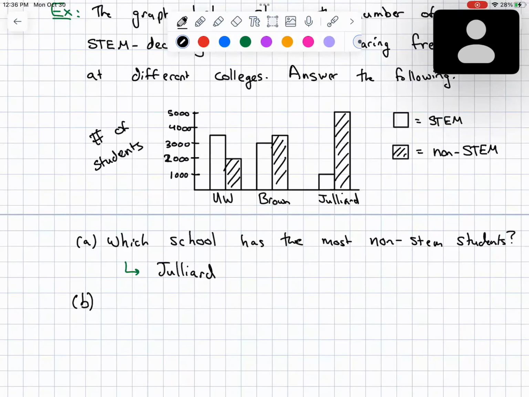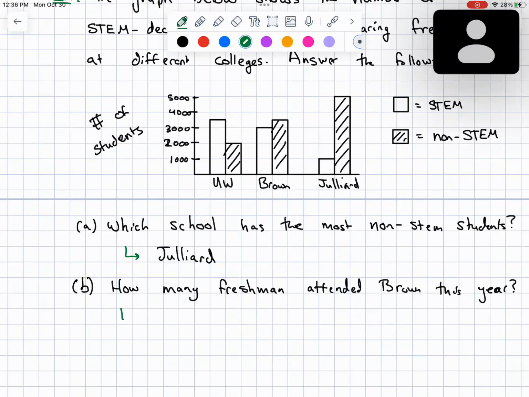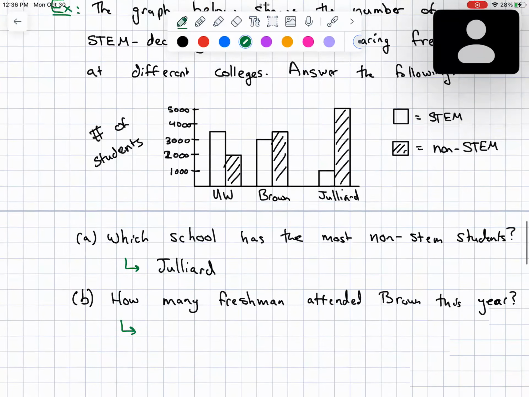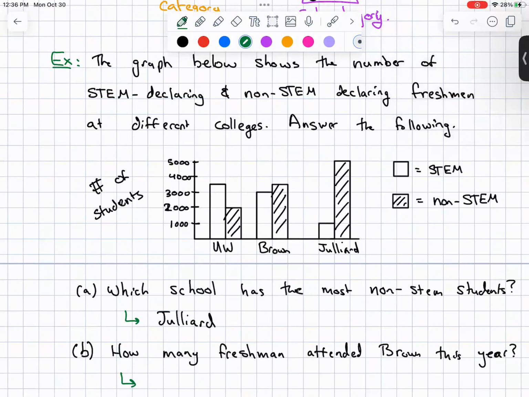Part B is, how many freshmen attended Brown this year? So notice this is how many freshmen. They're broken up into two groups, non-STEM and STEM.